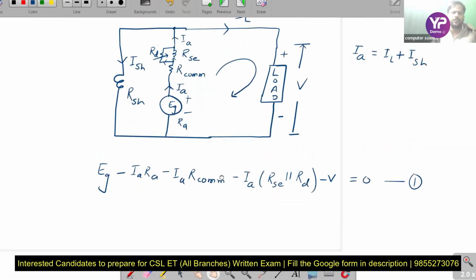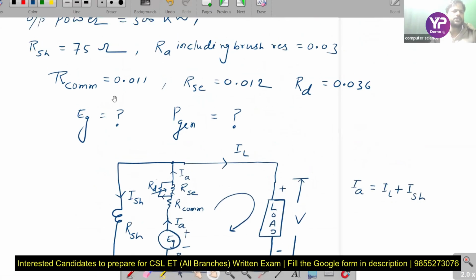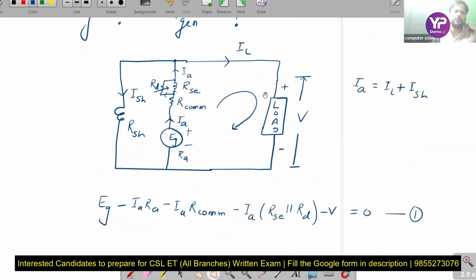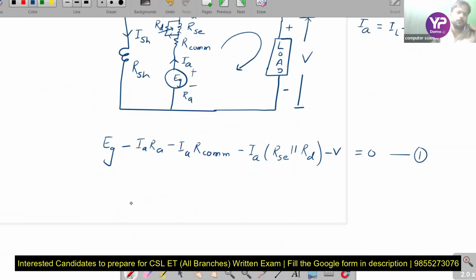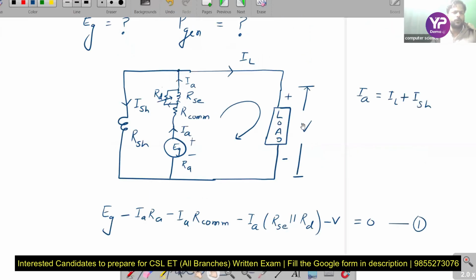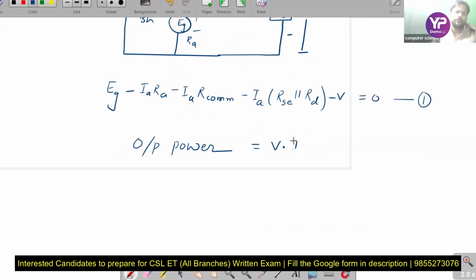To find this, output power is given. If we write the equation, output power is equal to the voltage across the load V and the current flowing through the load IL. So output power is the product of V into IL.